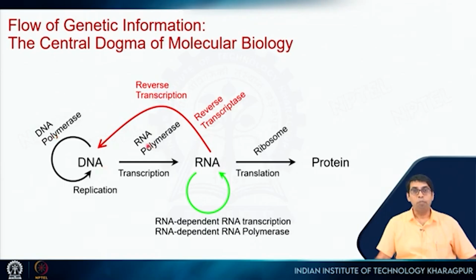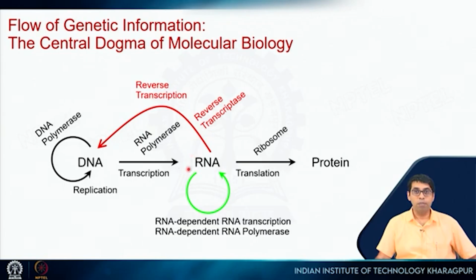Part of the DNA is copied into RNA. This process is transcription, and the reverse process is reverse transcription. The synthesis of RNA from DNA is done by RNA polymerase, and synthesis of DNA from RNA is done by reverse transcriptase, right?